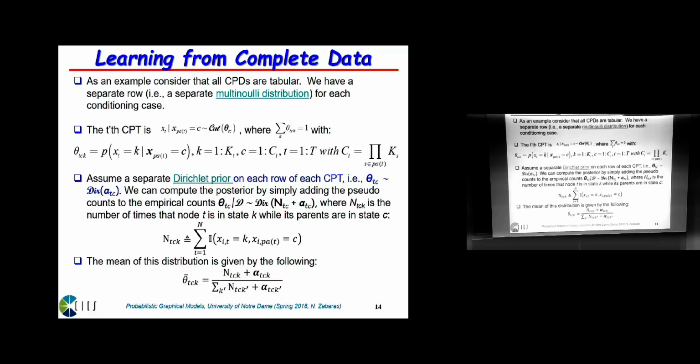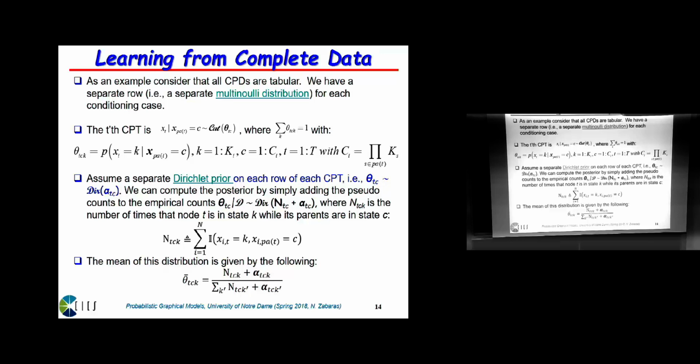So what is ntck in my data set? Because here what I have done is I multiplied the likelihood with this prior. So what do you think ntck is? And you can look at the definition here. It is the number of times in my data set that node t is in state k, given that the parents are in state c. Okay?